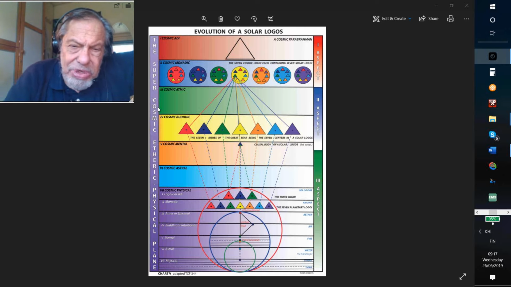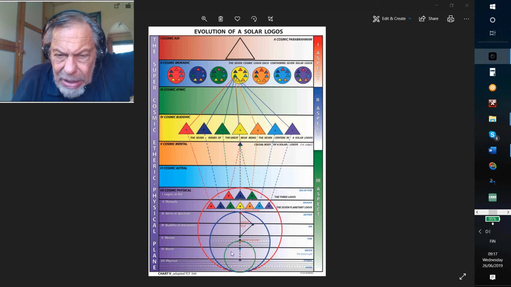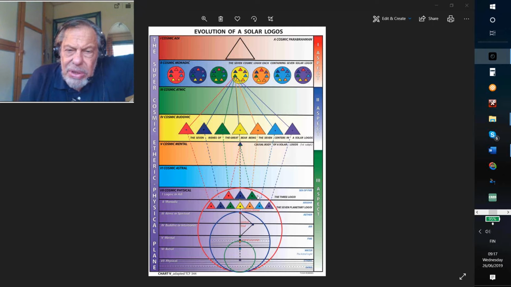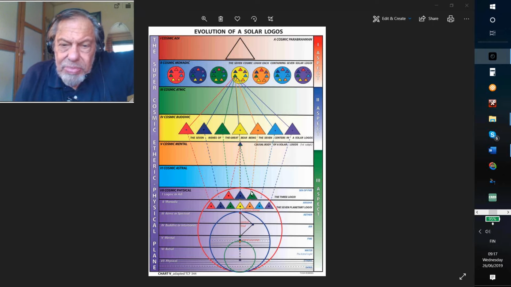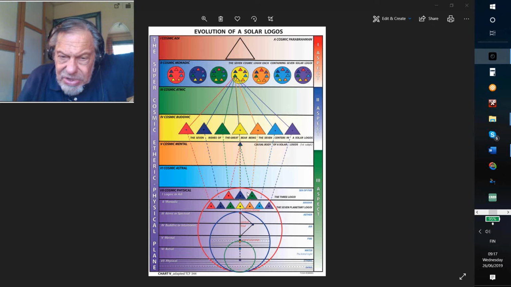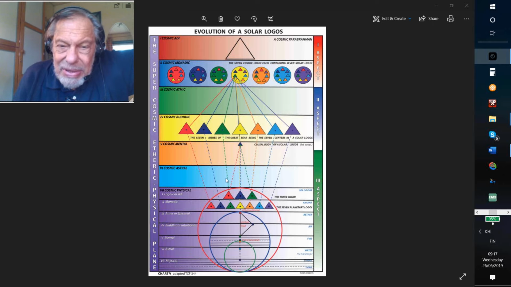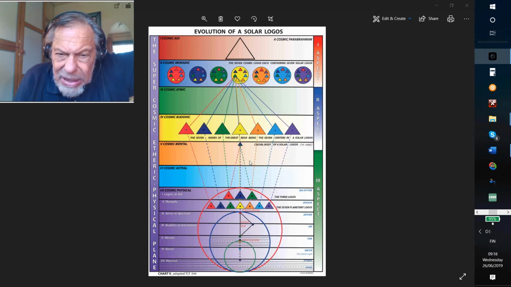What I was just saying, scope is a big issue, because remember that they fight on the astral plane, they harmonize on the Buddhic plane, they become one on the monadic plane, but look, we're dealing with cosmic logoi. So it starts out that the entire cosmic physical plane is a physical body, and so it goes with the cosmic astral and cosmic mental.